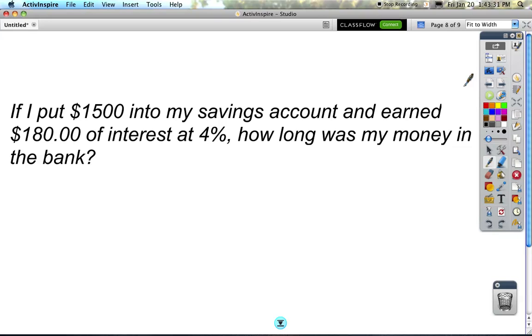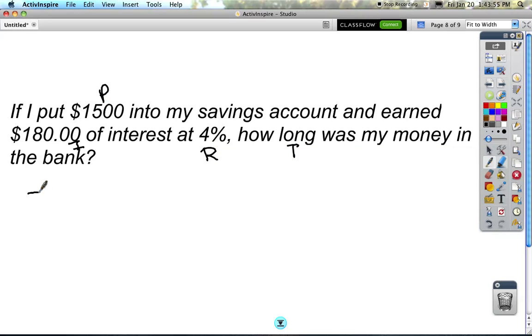If I put $1,500 into my savings account and earned $180 of interest at 4%, how long was my money in the bank? Still using the same formula. What is the $1,500? Principal, the 180, the 4%, and what am I looking for? Time.